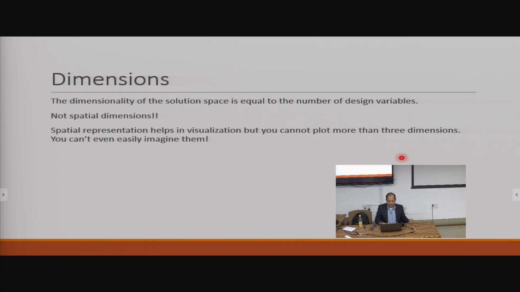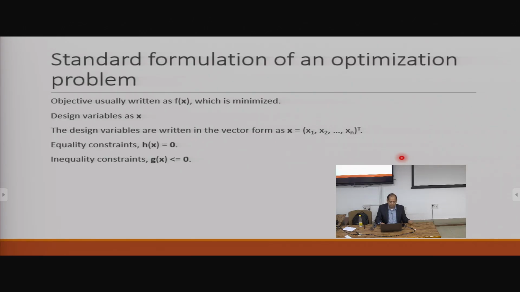All these pictures that I've shown you so far help in visualization, but since you cannot plot more than a few dimensions and you cannot really imagine them, we should only use them as a way to improve our understanding, but they won't give you a complete understanding of what's going on.